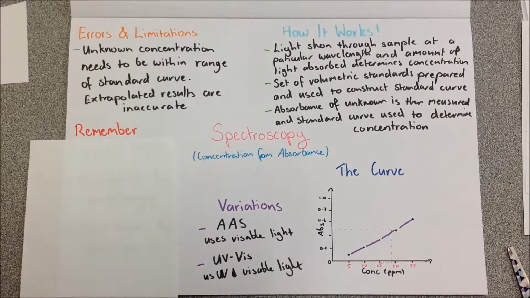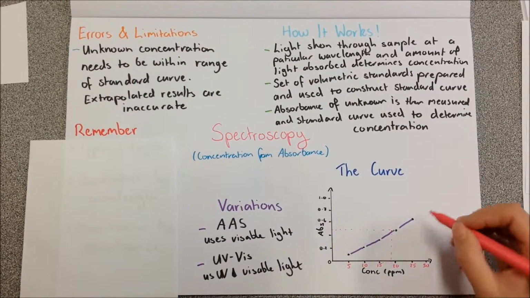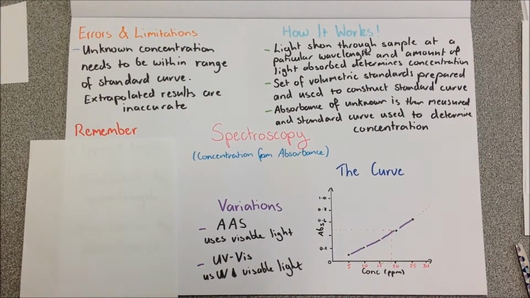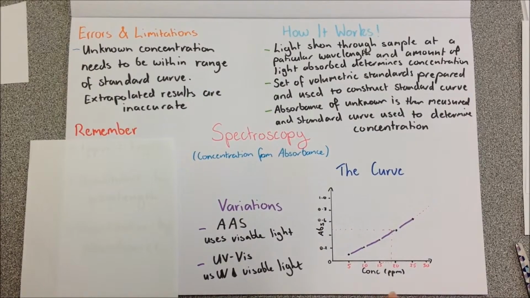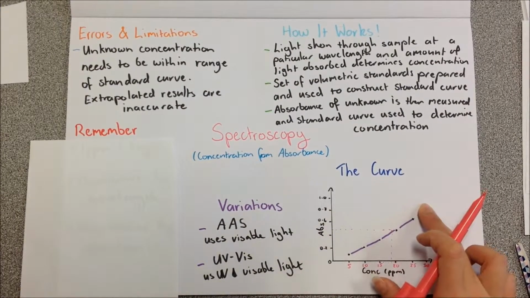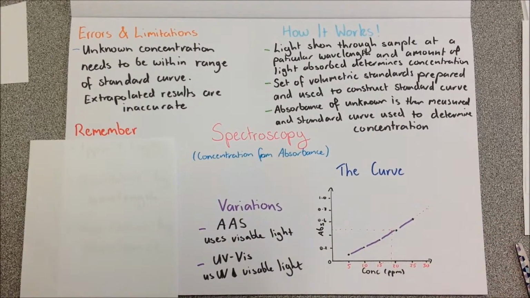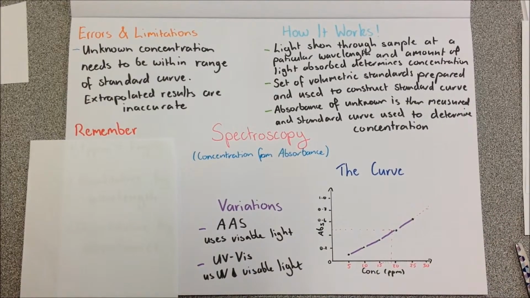There's nothing stopping us going to 30 parts per million and then extrapolating the graph to a bit bigger, so that we get a higher absorbance. So say our sample had an absorbance of 0.78. Well, that's outside the range of our standard curve, but we can extrapolate and then read down. But that means that our results are not going to be as accurate as what they would be if they were within the range of the standard curve.